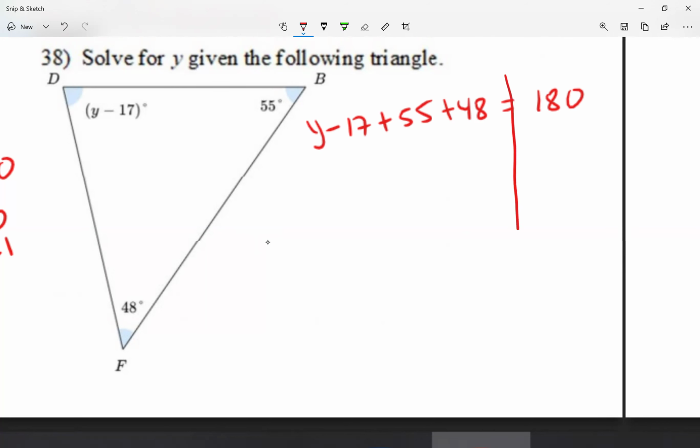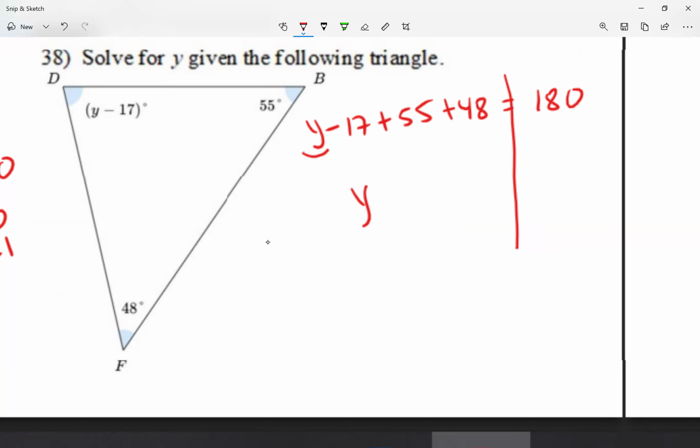Okay, let me separate my sides at the equal sign. On the left side, letter-wise, I only have a y. So let me write 1y. Number-wise, negative 17 plus 55 plus 48.